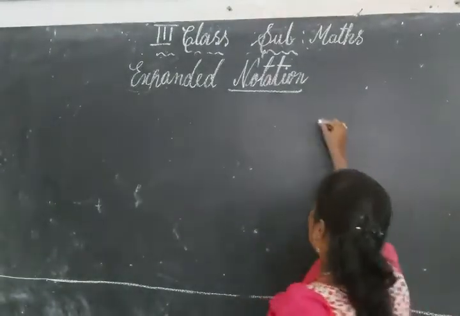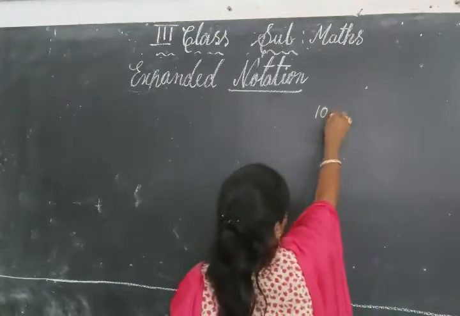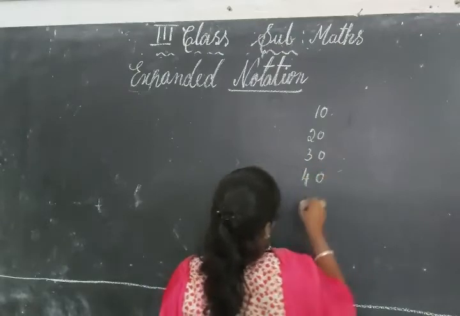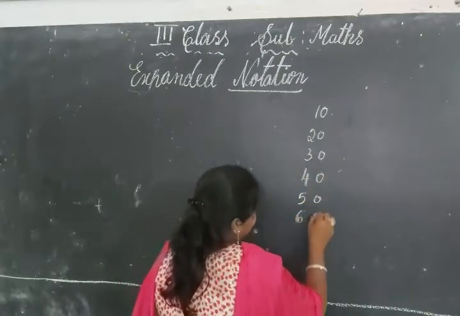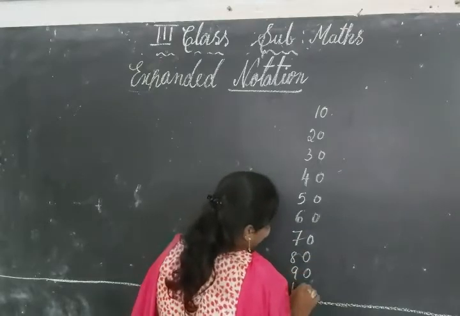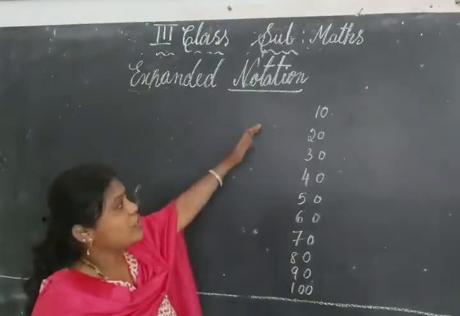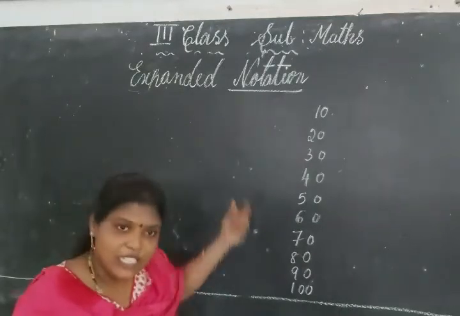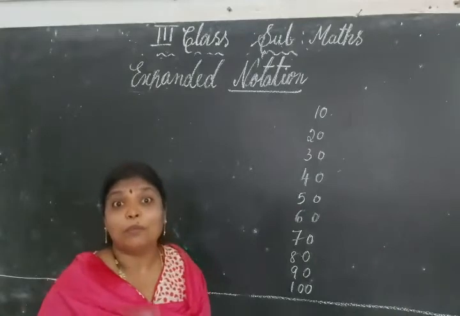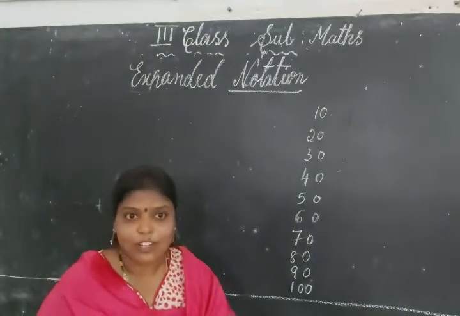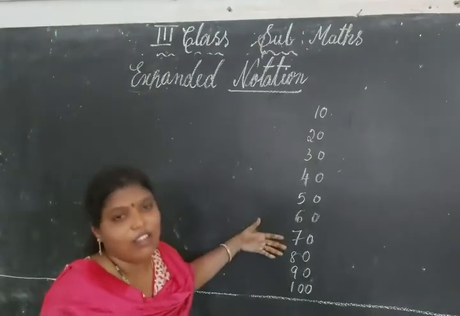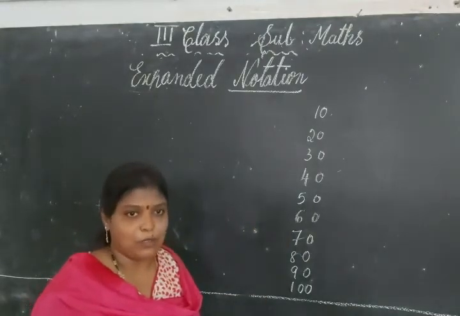You already know the tens names: 10, 20, 30, 40, 50, 60, 70, 80, 90 and 100. We have also already learned the number name of thousand. So you have to write the number names of these tens numbers and 1000 also.